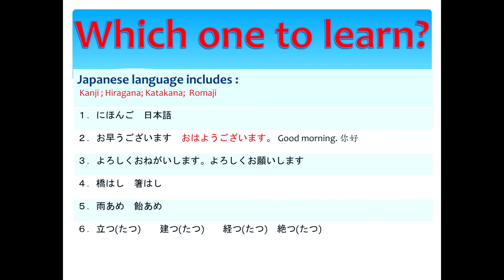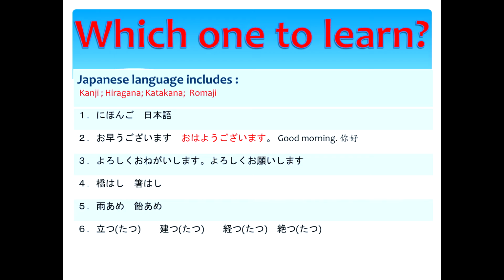For example, if I have just started to learn and I'm learning seriously, and I would like to take the Japanese test, the N5, N4, or all those certificates, then there's no choice.